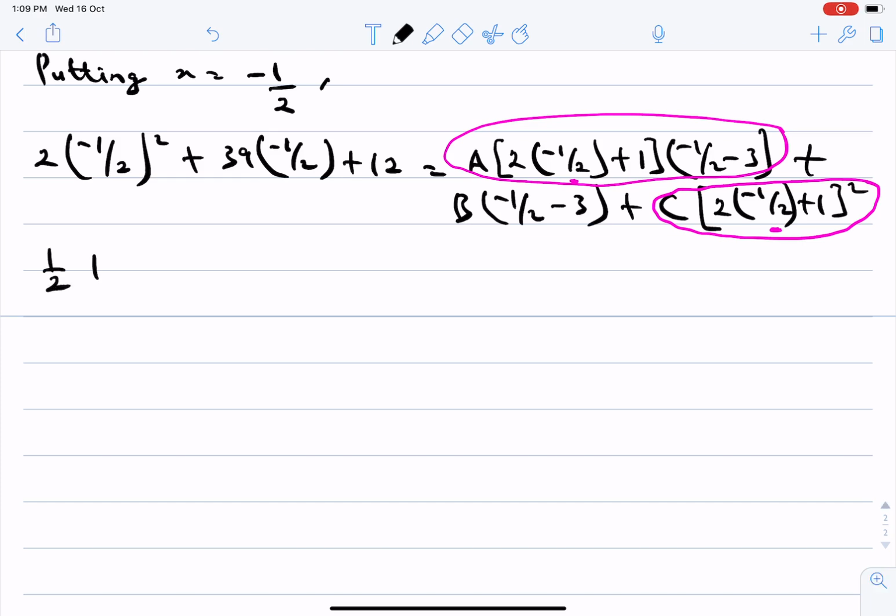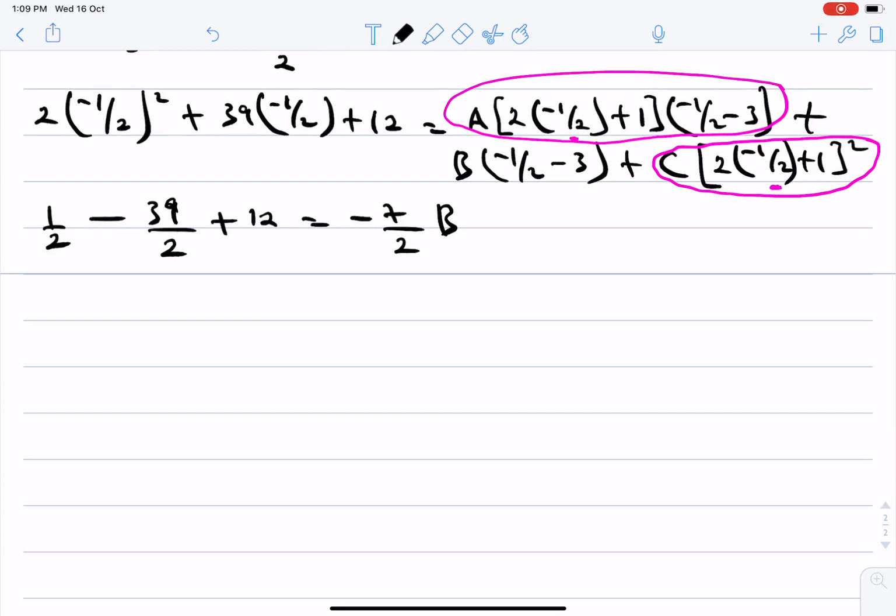We're left with 1 over 2 minus 39 over 2 plus 12 equals minus 7 over 2b.